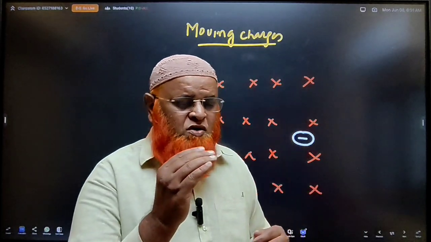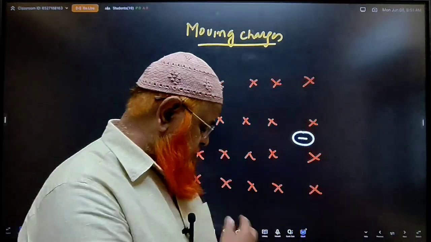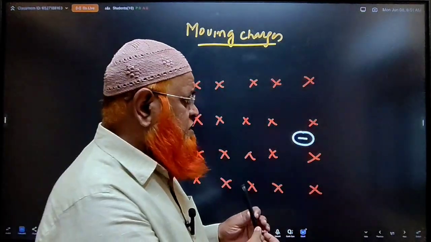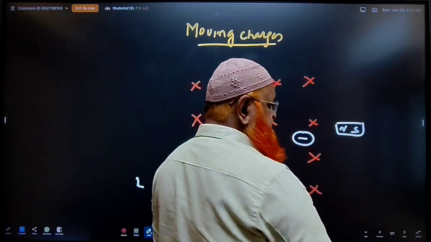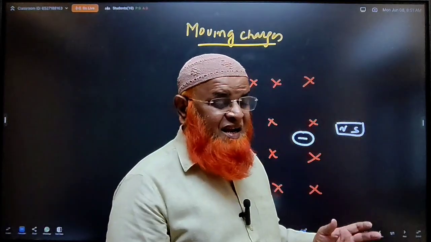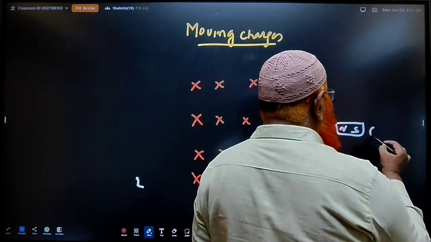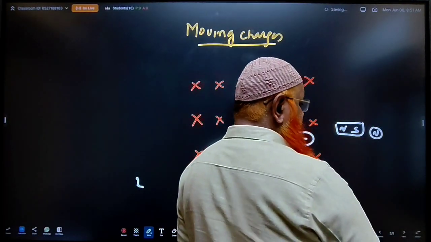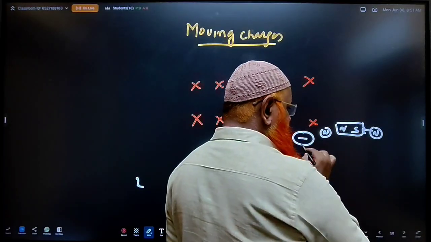If you want to find out the direction of the magnetic field, what is a simple method? Say this is a north pole and this is a south pole. You keep an imaginary test north pole here. In which direction does it move?